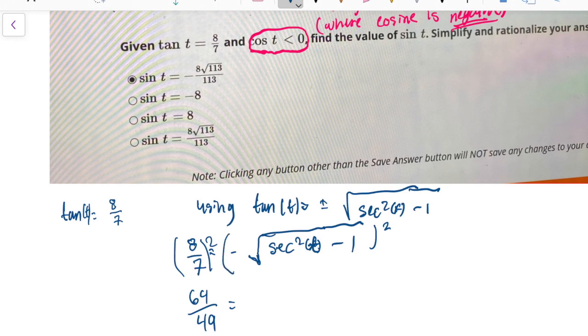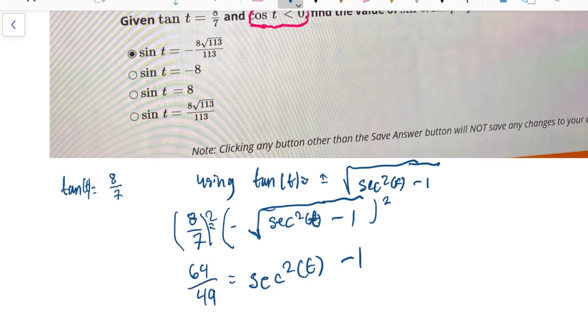This to the second power, we get positive secant squared of t minus 1. And then from there, we have to add 1 to both sides.